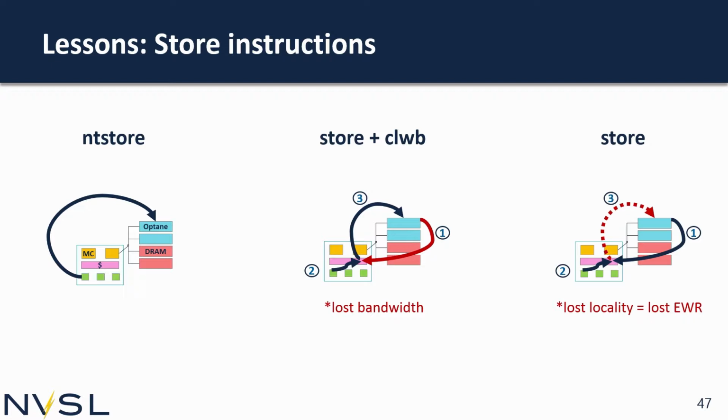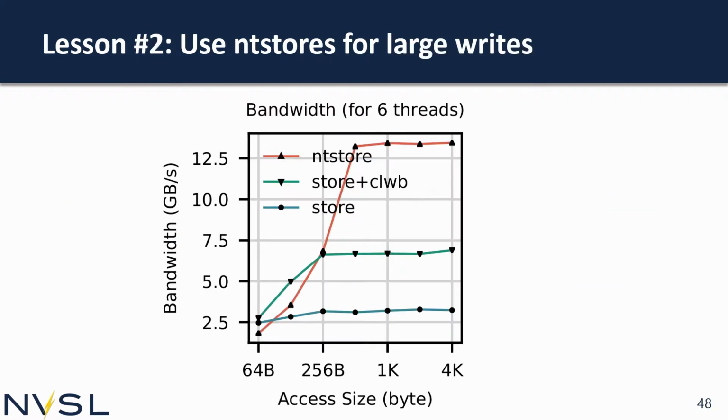And then if we're using the store, we actually have an additional penalty, which is we lose locality, and we lose our effective write ratio. We experience write amplification. Because we're introducing non-determinism from the cache back into the device, we're not actually getting the right combining and an efficient use of the buffer on the DIMM, and so we experience a loss of bandwidth. And this is our experiment justifying this.